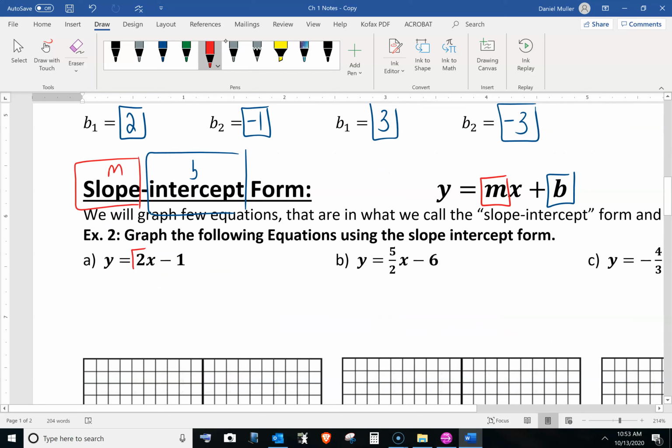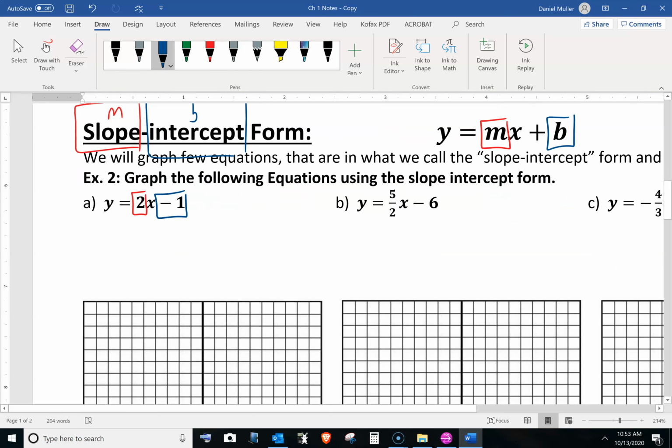So right here is our slope, and right here is our y-intercept. It's actually very easy. So let's write it down. So our B is -1.